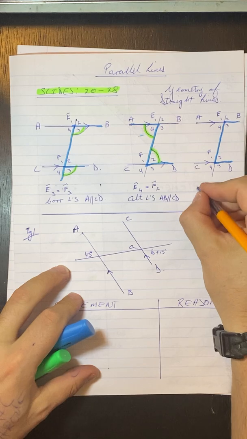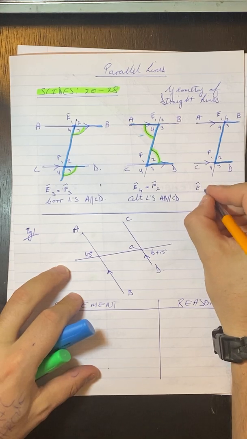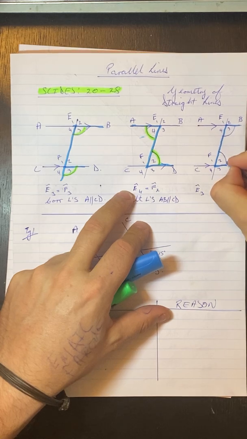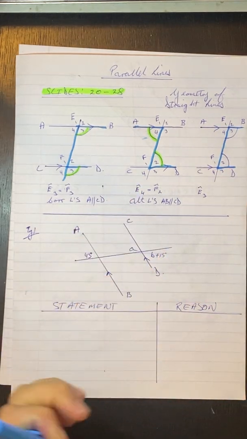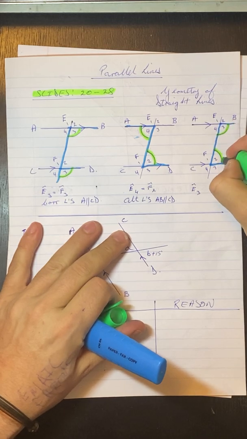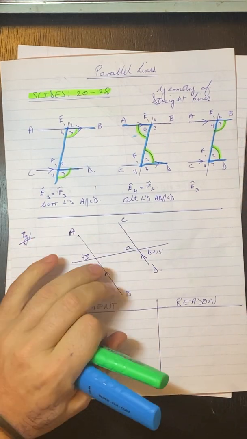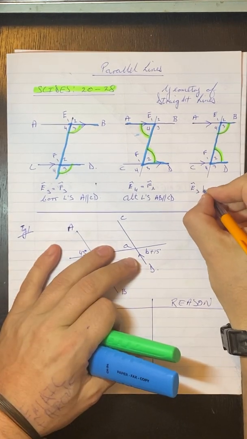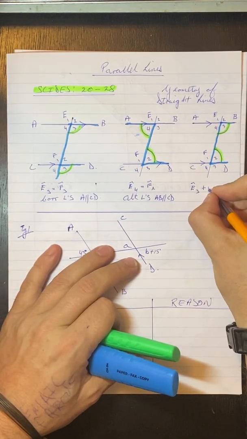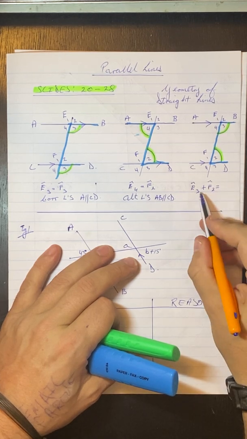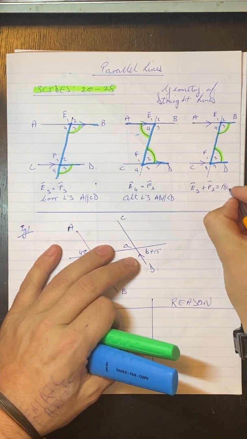We know that angle E3, this one here, and this one here, they are not going to be equal. They are supplementary angles, and supplementary means that they add up to 180.